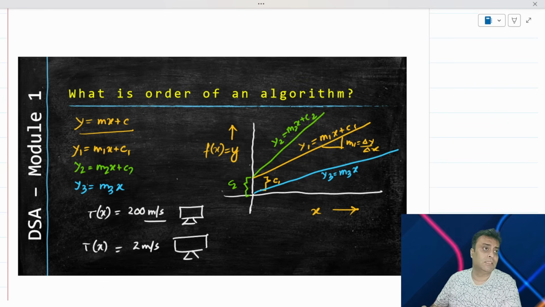What I'm trying to get at is that time taken by an algorithm cannot be quantified, cannot be told as this is the time taken by an algorithm, and hence you should call my algorithm good, bad, or worse. Good, bad, and worse doesn't come with the actual time taken by an algorithm, because actual time is always a function of several factors relevant to the hardware. So I cannot say that my algorithm is good just because it takes X seconds.